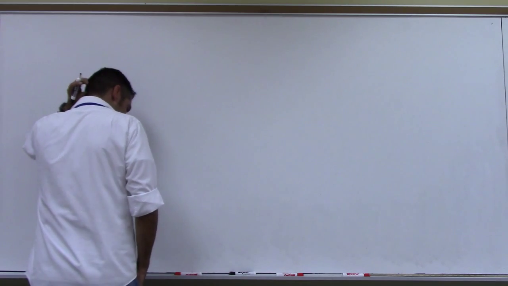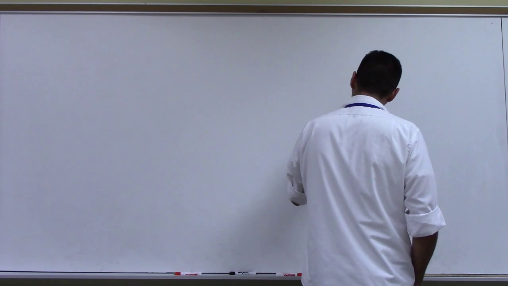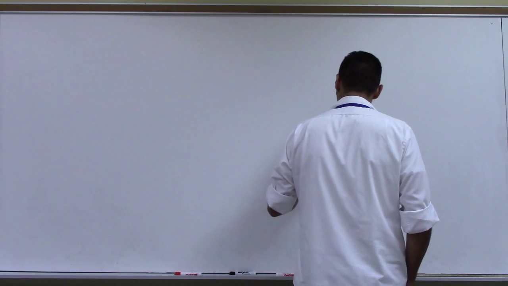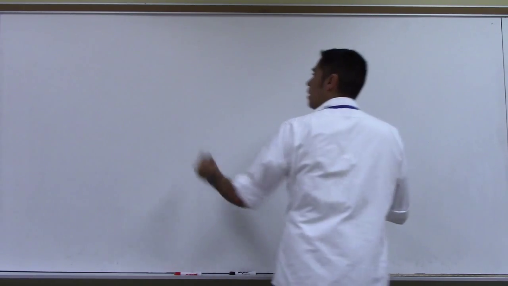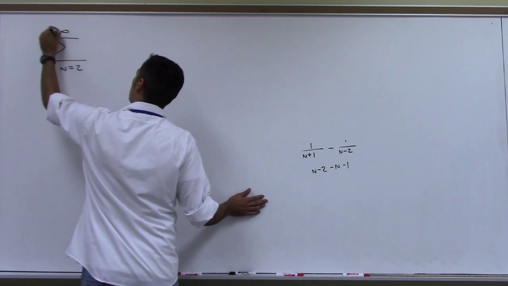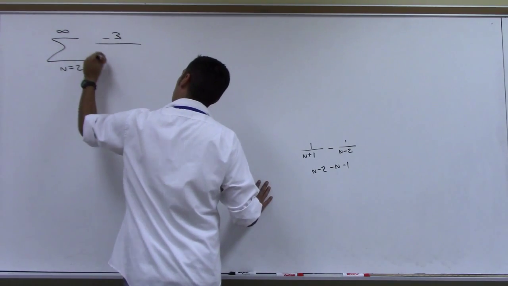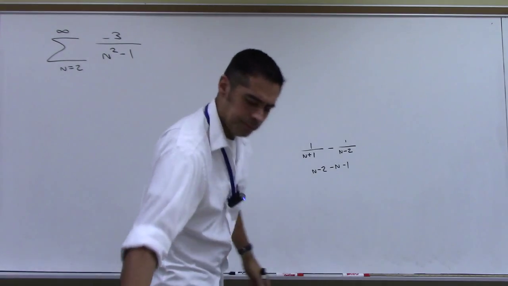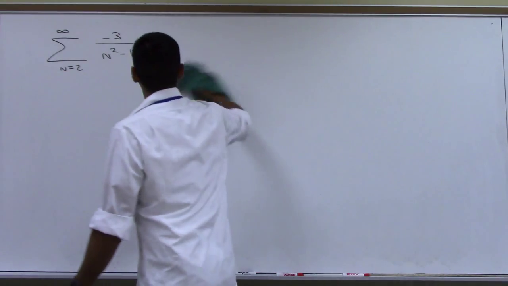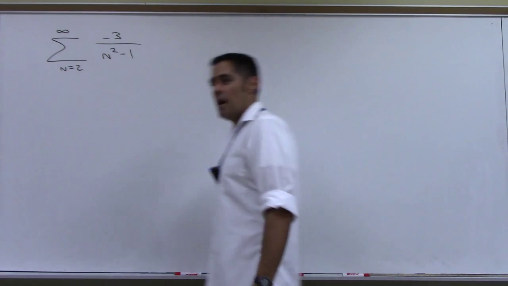Let me see here. The sum from n equals 2 to infinity of -3 over n squared minus 1. Instructions here: find the sum.